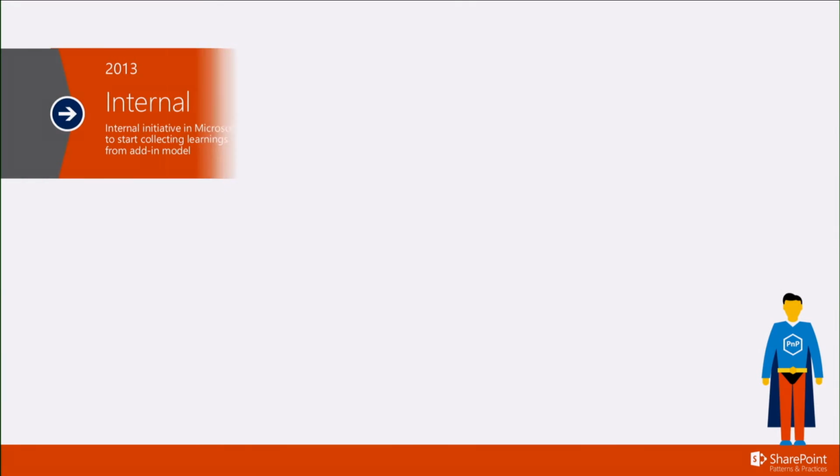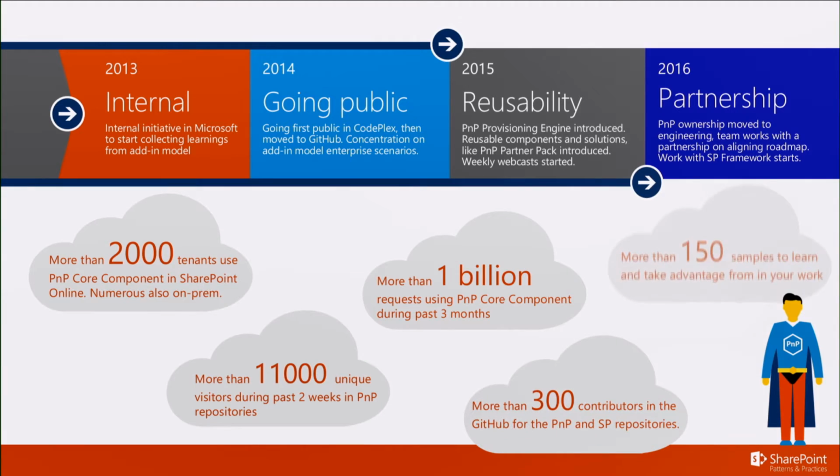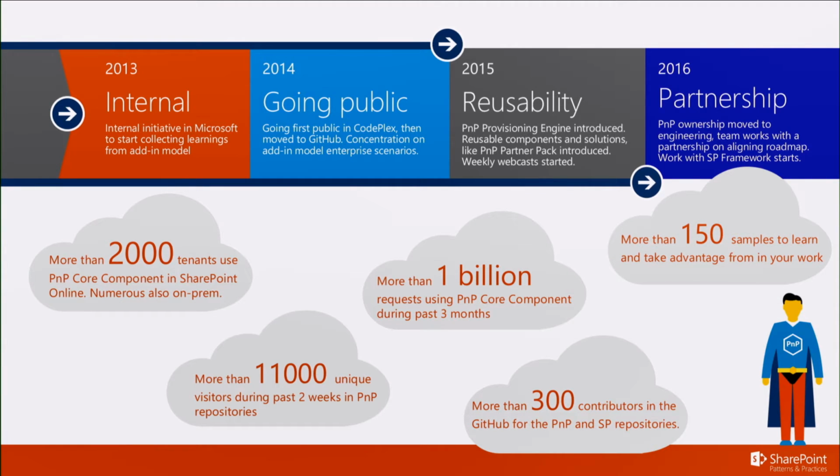So if you think about the journey of the PnP, it actually started back in 2013. There were a few guys internally at Microsoft, me included, who started working on how we can do full trust code and farm solution transformation to the add-in model.